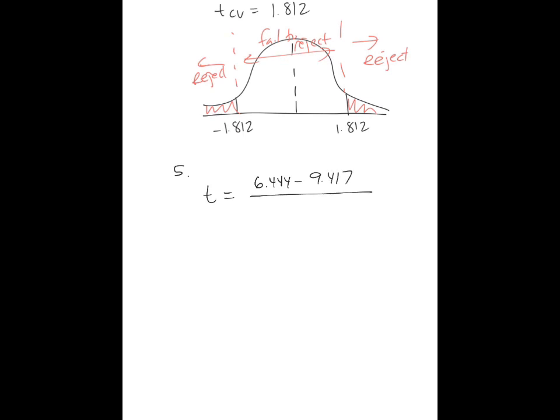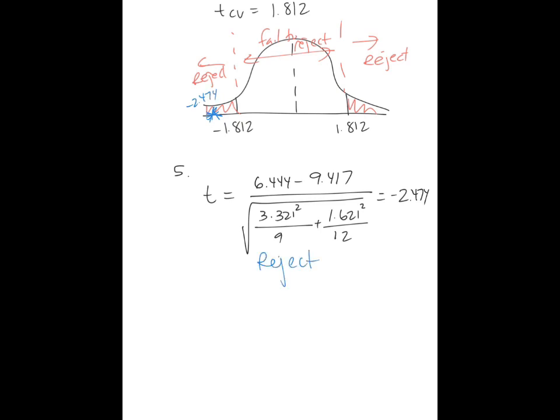You divide that by the square root of the variance of 1, 3.321 squared, divided by 9, plus the variance of 2 over 12, and this gives us a value of negative 2.474. All right, so if we go to our distribution here, our critical values, negative 2.474 is clearly in our rejection region, so we reject the null.